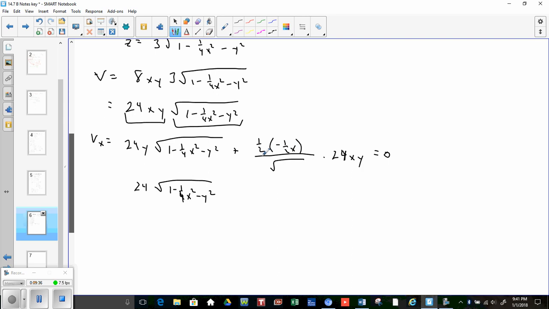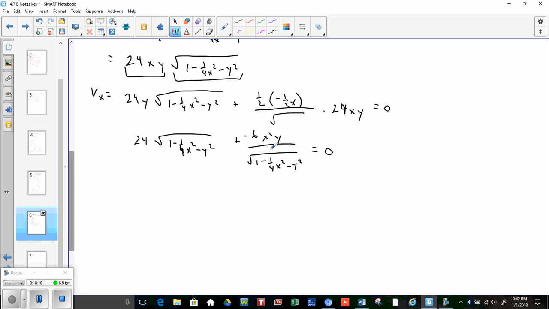Let's see. So this is going to be a negative 1/4 times 24, which gives me a 6. Negative 6, excuse me, x squared y, I think. Does that look right? Yeah, x squared y over square root 1 minus 1/4 x squared minus y squared equals 0.